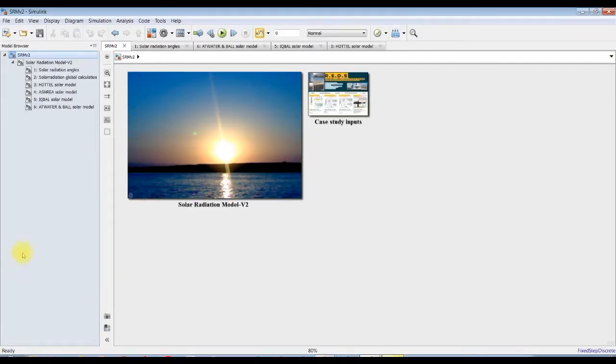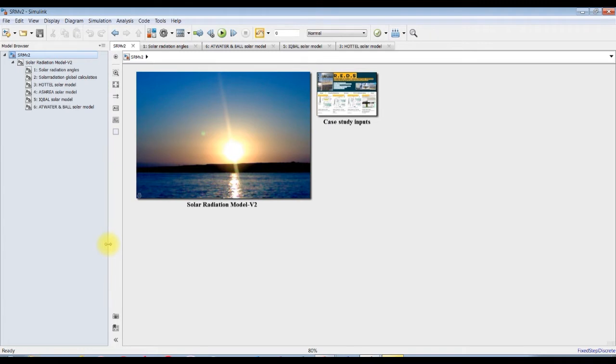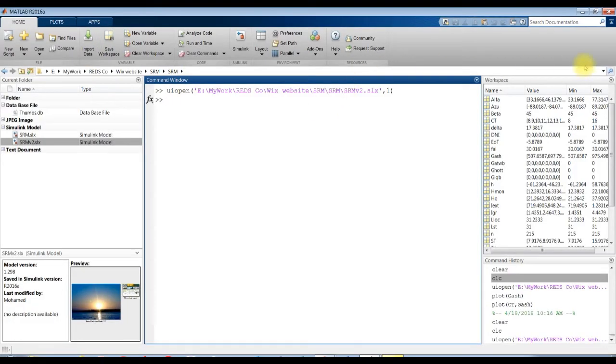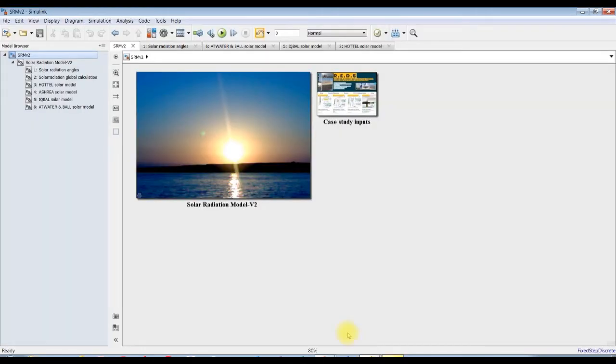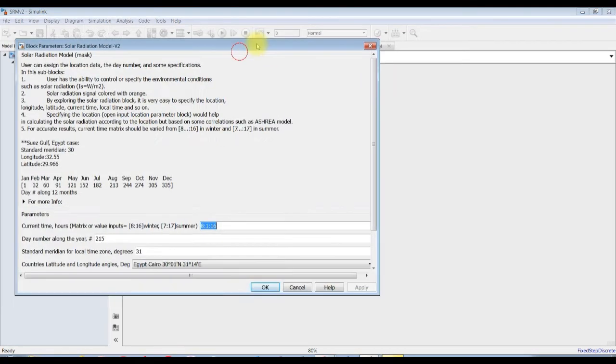Open your MATLAB, go to your destination folder, and begin your model. This is our model. First of all, we double click.